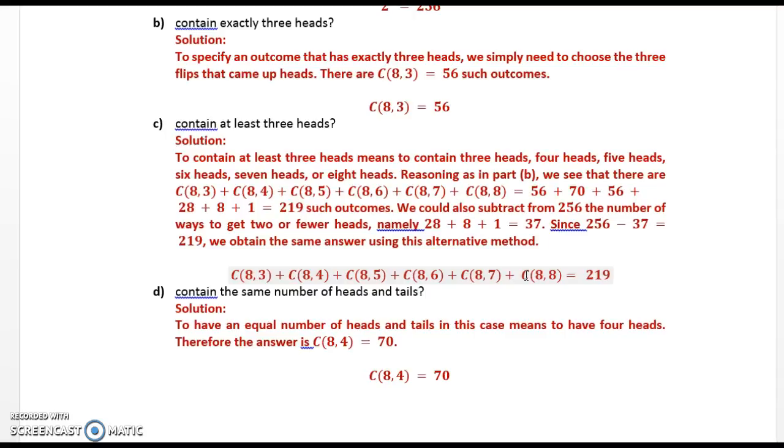We can also subtract from 256 the number of ways to get 2 or fewer heads. Namely, 28 plus 8 plus 1 equals 37. Since 256 minus 37 equals 219, we obtain the same answer using this alternative method.